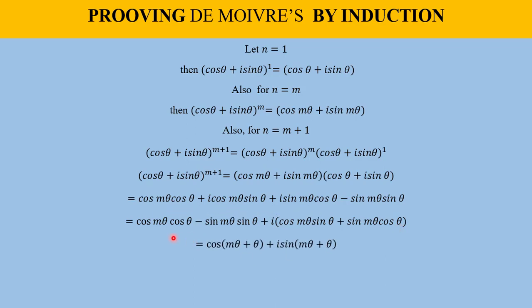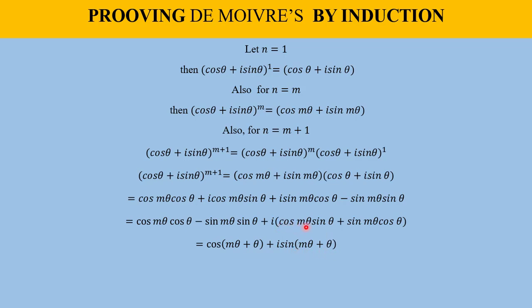Then applying compound angles from trigonometry, cos m theta cos theta minus sin m theta sin theta equals cos (m theta plus theta), then plus i sin (m theta plus theta).